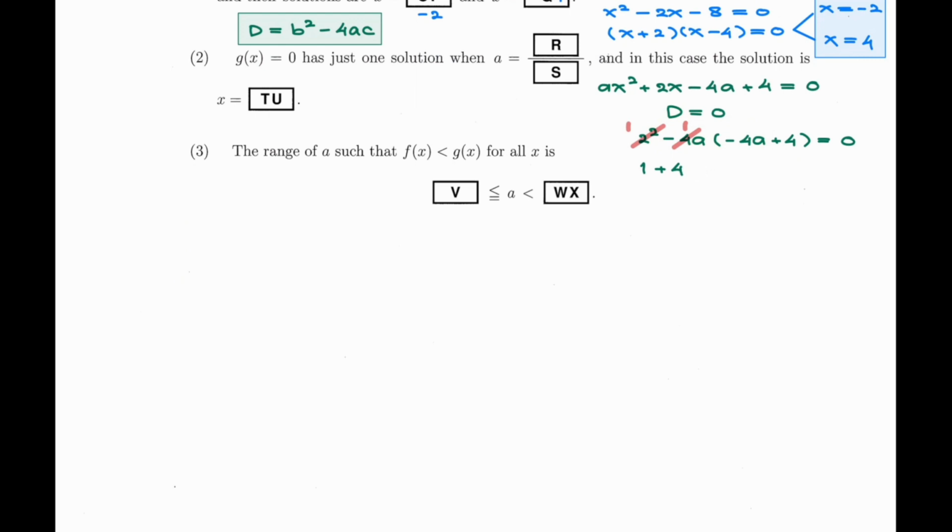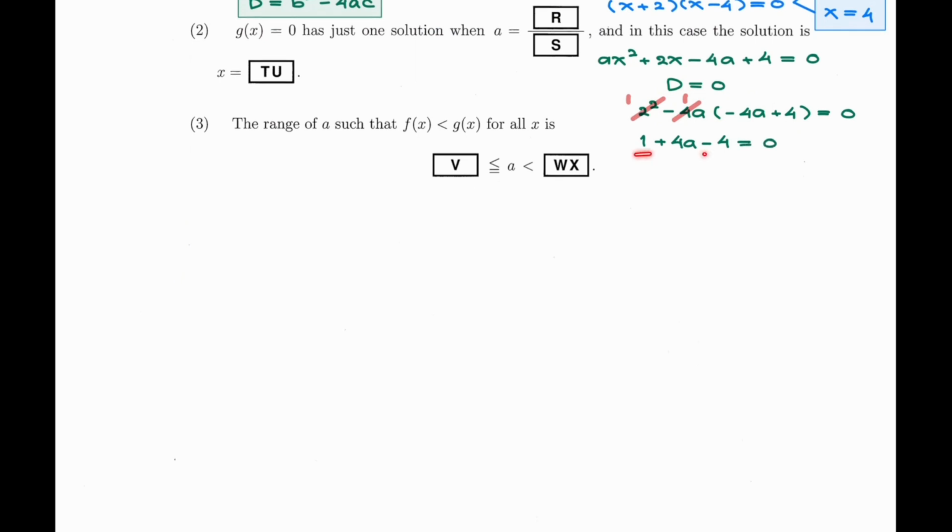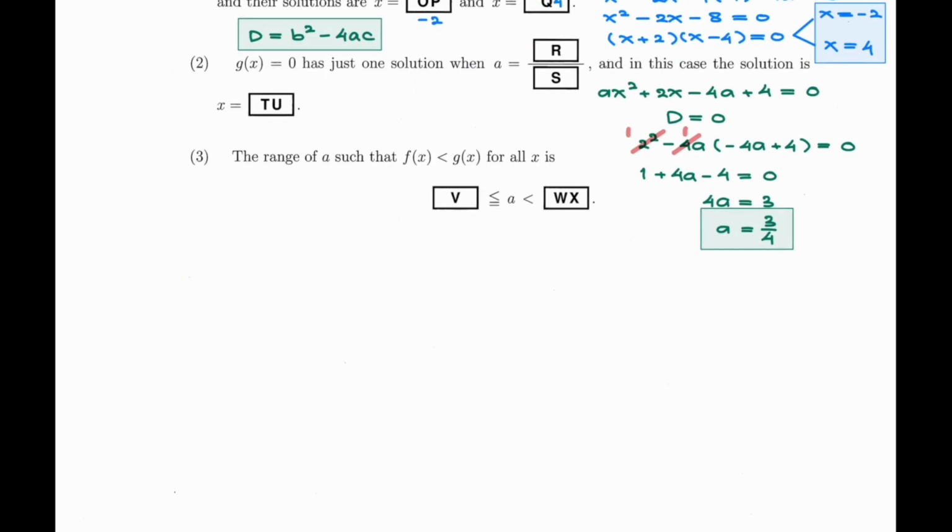And then minus 4 equals 0. 1 minus 4 is negative 3, and then you move the negative 3 to the other side. It becomes 4a equals 3, then a equals 3 over 4. So R and S is 3 and 4. R equals 3, and S equals 4.